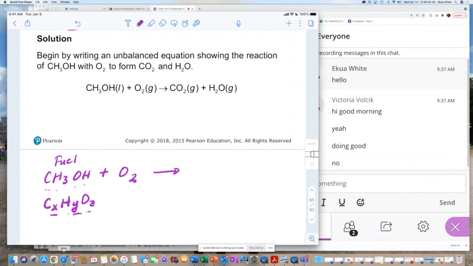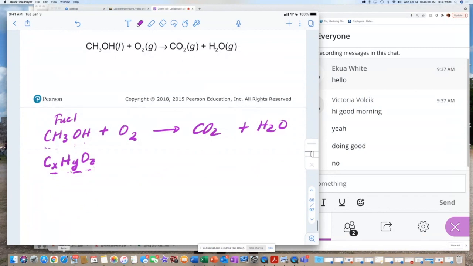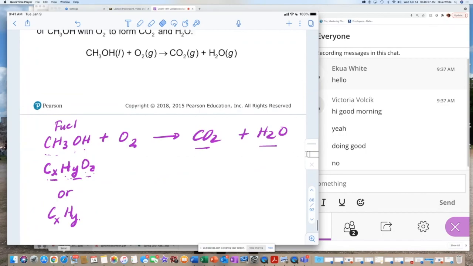Since you have this combination of elements, you're going to make carbon dioxide and water. If you have carbon, hydrogen, and oxygen, or carbon and hydrogen in your compound, you make carbon dioxide and water with a combustion reaction. Then you have to balance it.